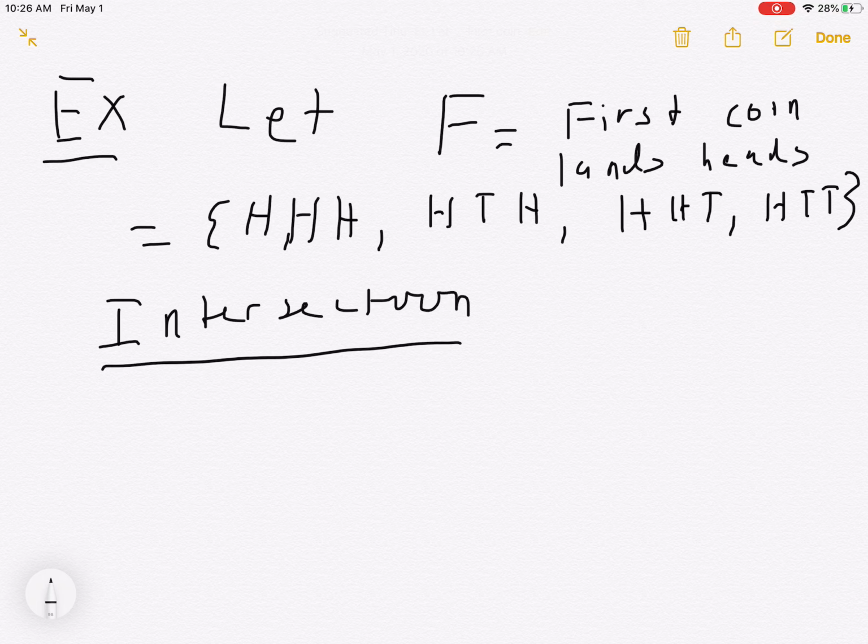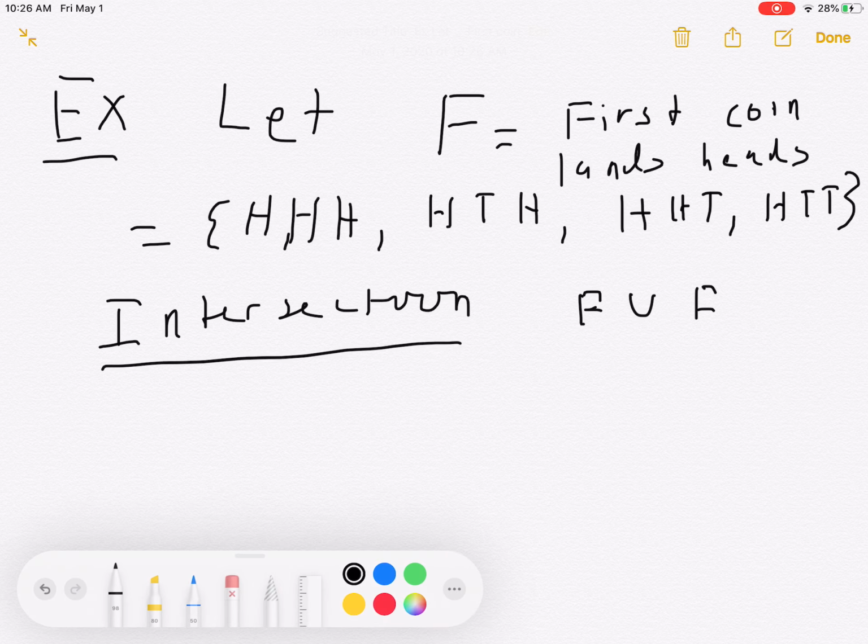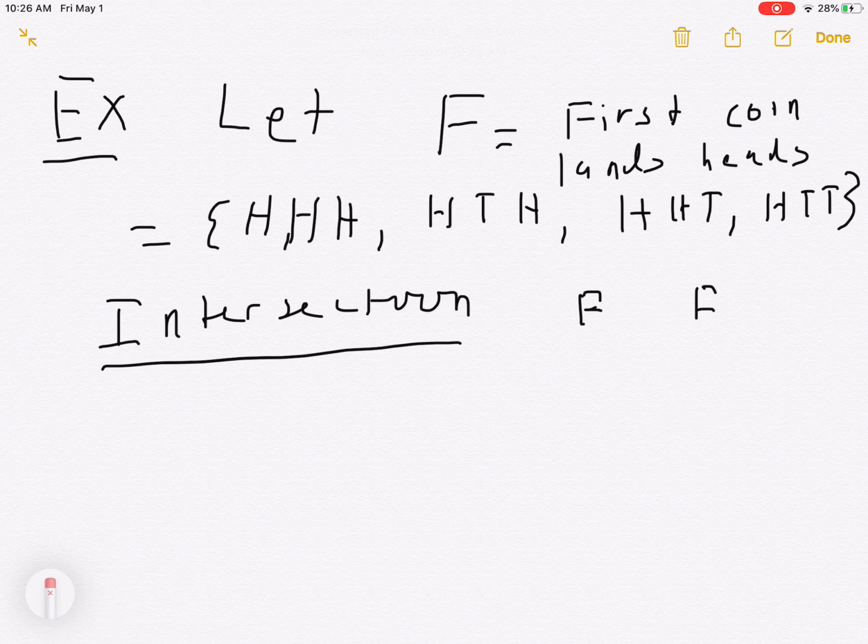And this is written as F intersect E. So that is the set of outcomes that occur when the first coin lands heads and there's exactly one head.